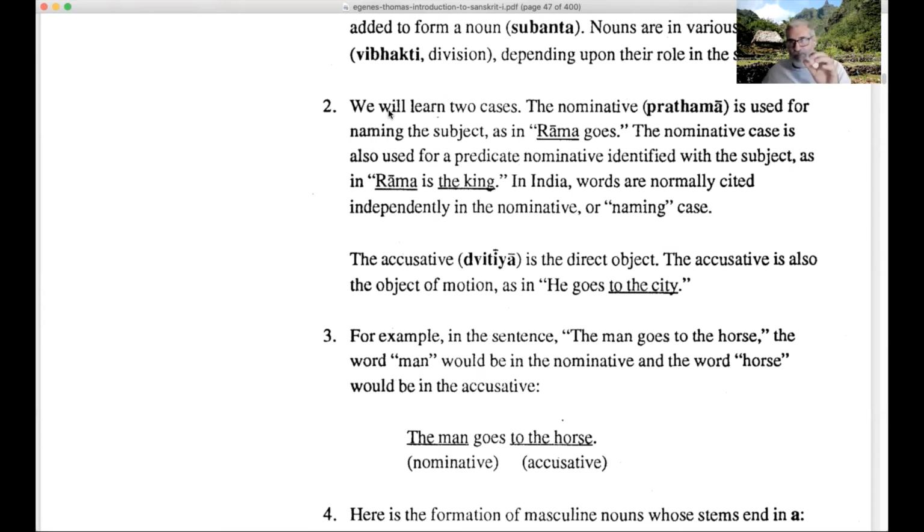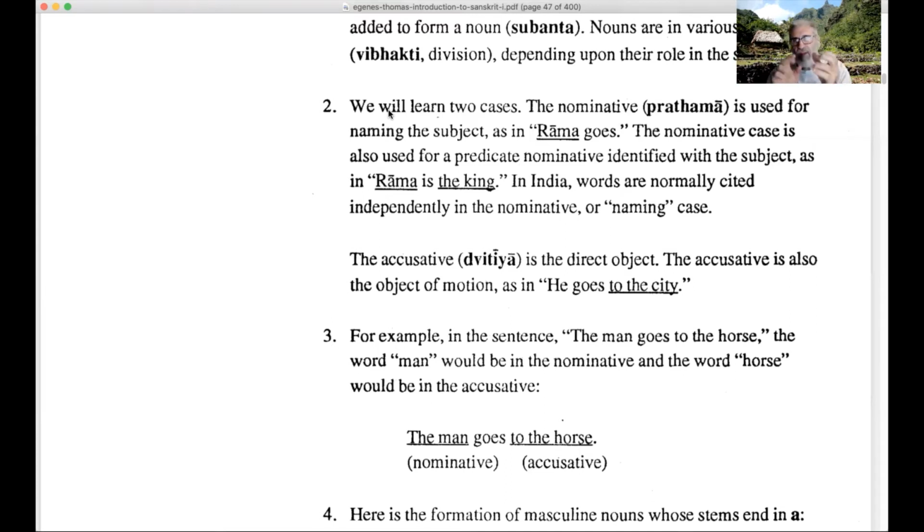Just as with the root, when we look up a verb, we're going to get the verbal root, and also the third person singular present tense form. So if I look up the verb to go, I'm going to see gum, gachati, to go, in the dictionary.